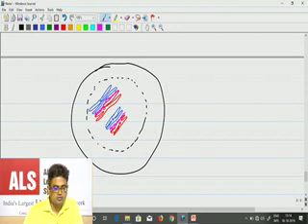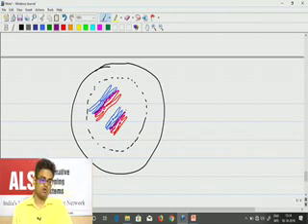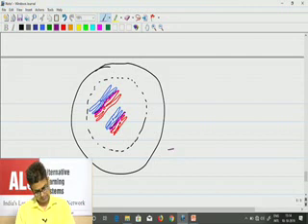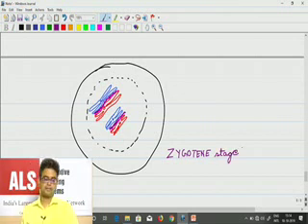I have shown this by blue color, pink color. You can also choose some different color for representing it. So this is basically the synaptonemal complex between 2 homologous chromosomes. So this is the zygotine stage.